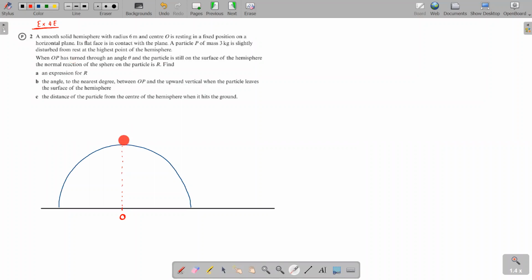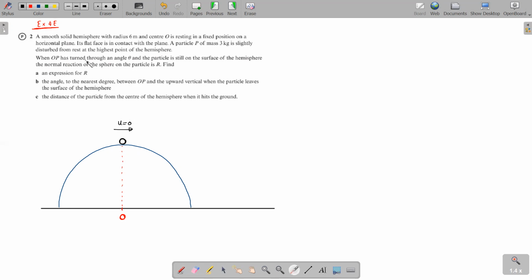So on top of the hemisphere, you have a particle. It's slightly disturbed from rest, which means the starting speed should be 0. It just starts with speed 0 from the highest point of the hemisphere.